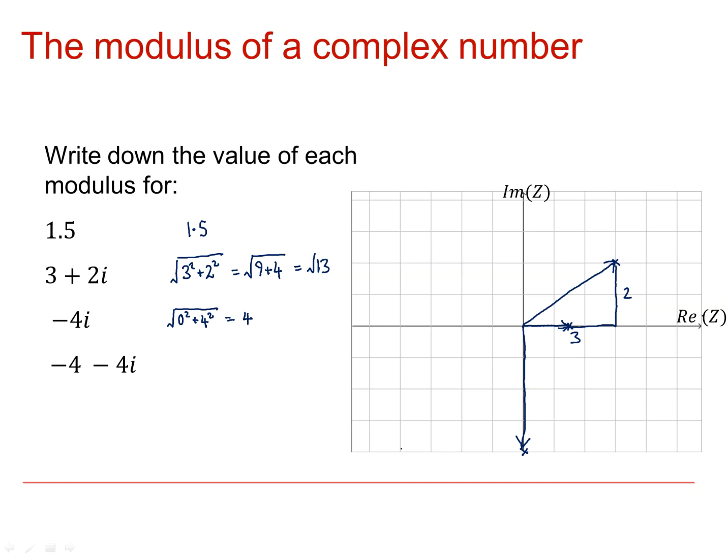And finally, for the point minus 4 minus 4i, this length here, we look at this triangle with height 4 and base 4, and that's 4 squared plus 4 squared, all square rooted, which is root 32, or 4 root 2.